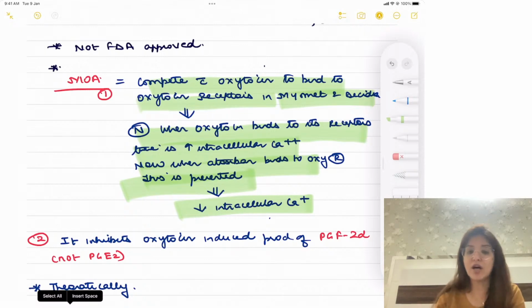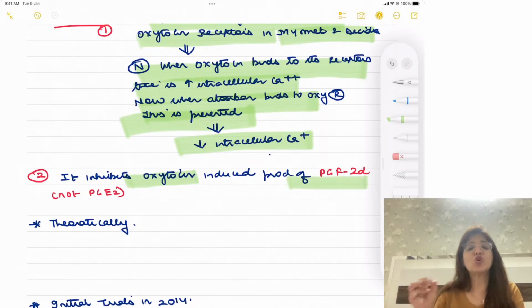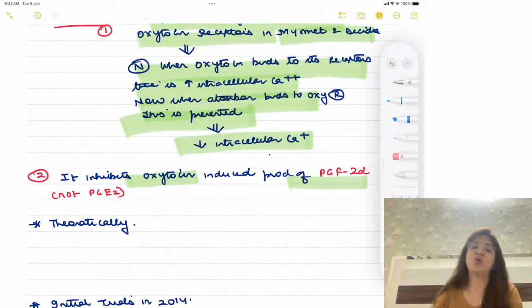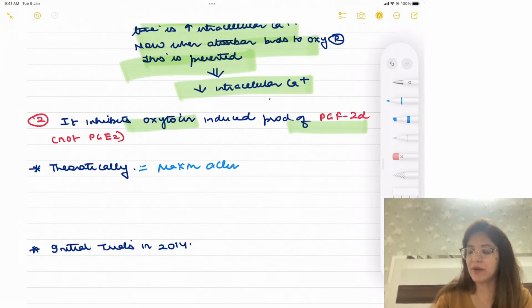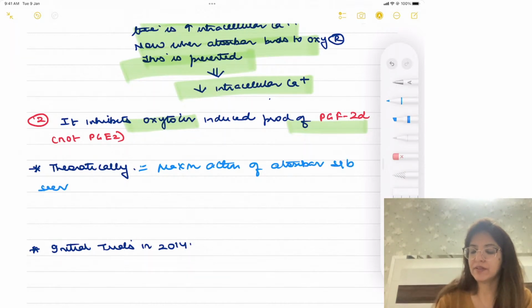Number 2, because it is inhibiting oxytocin, and oxytocin is also responsible for producing PGF2 alpha, it is going to inhibit the production of PGF2 alpha. Now, one point which I want to tell you is that theoretically the maximum action of atosiban should be seen near term.